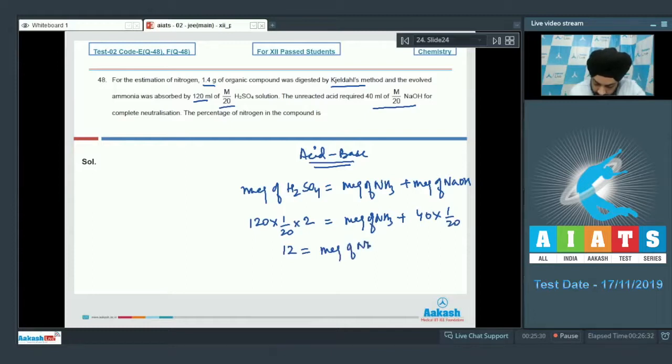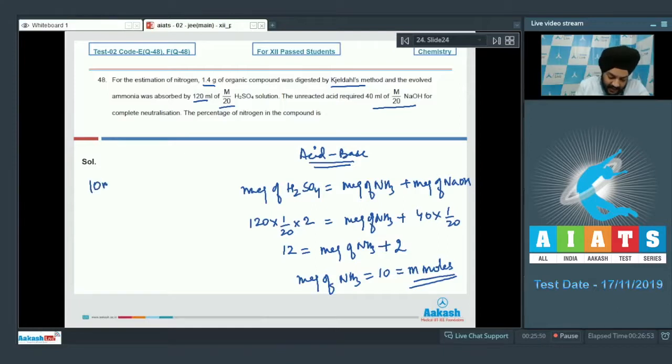And MEQ of ammonia plus the MEQ of NaOH will be equal to 12. So we can clearly see that the number of milliequivalents of ammonia is equal to 10, which is also the number of millimoles. Okay, so we have 10 millimoles of ammonia, which means that there is 10 millimole of nitrogen also by conservation of mass or the POAC. So we have 10 millimoles of nitrogen.